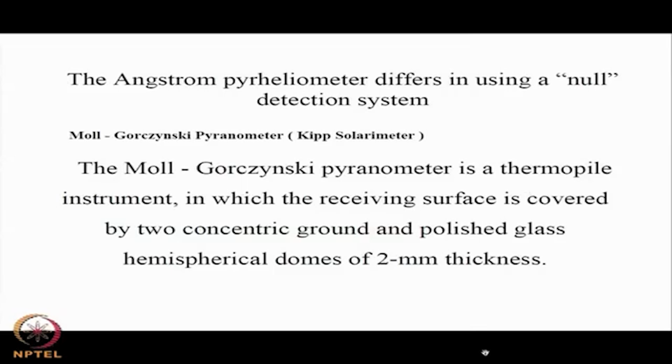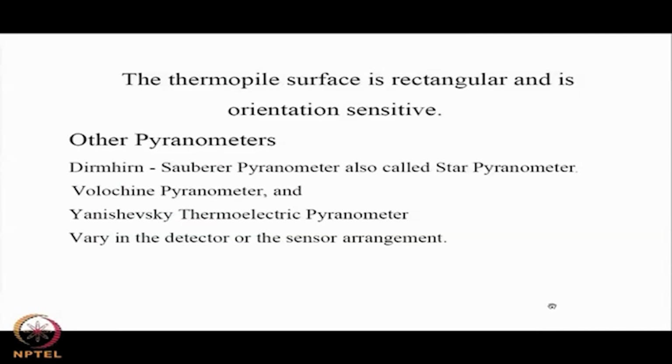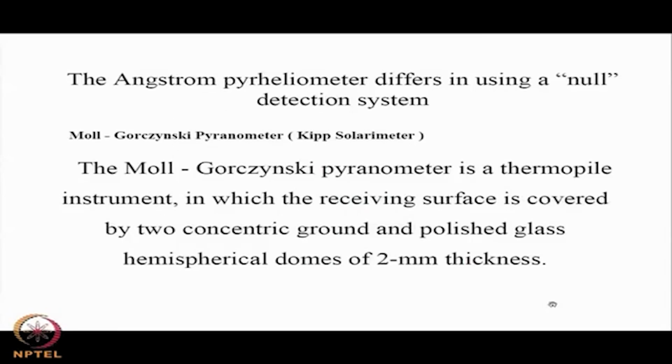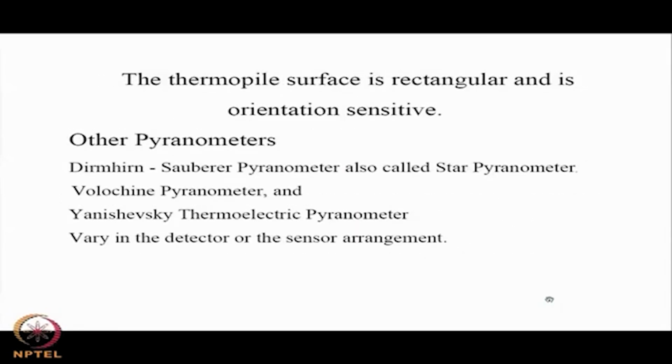There are other types of pyranometers, which is the Moll-Gorczynski pyranometer or a Kipp solarimeter. This is a thermopile instrument which has two concentric ground and polished glass hemispherical domes of 2 millimeters thickness, and the thermopile surface is rectangular and hence it will be orientation sensitive.